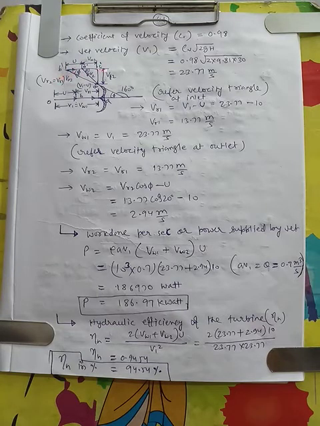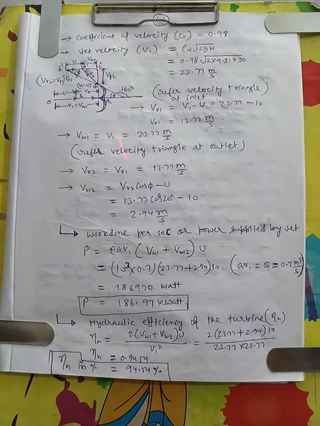B dash C dash is VR2 cos phi, and B dash O dash is U. So O dash C dash, that is VW2, is equal to VR2 cos phi minus U. By subtracting B dash O dash from B dash C dash, we get O dash C dash.